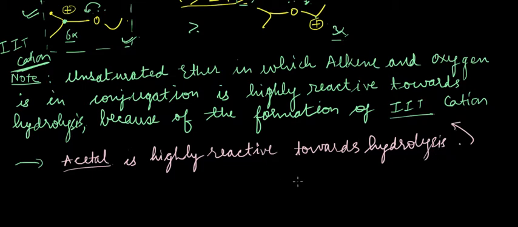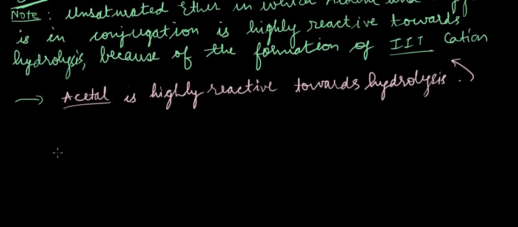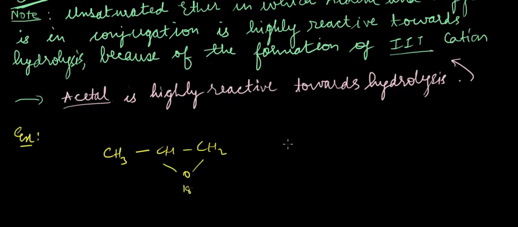At the end I just want to give a quick note that epoxide is highly reactive in all mediums, whether acidic or basic. What is the reason? The only reason is that the 3-member ring is highly unstable because of high strain among all the atoms in the 3-member ring, as we have looked at in our previous video lectures.